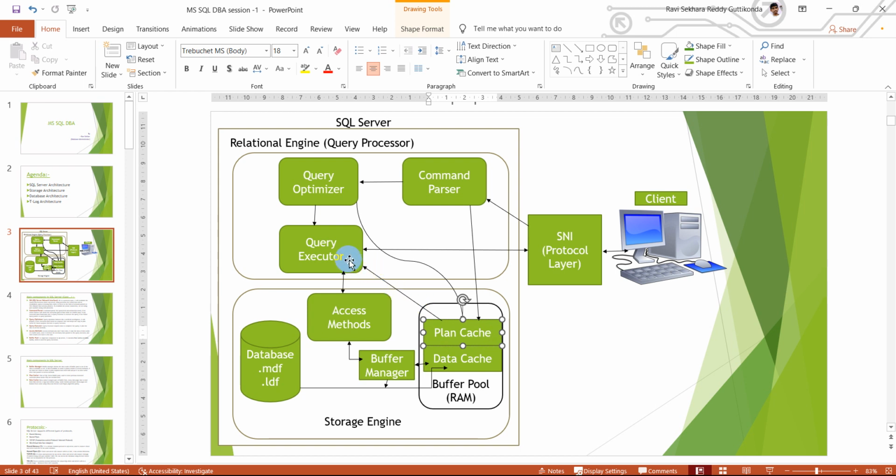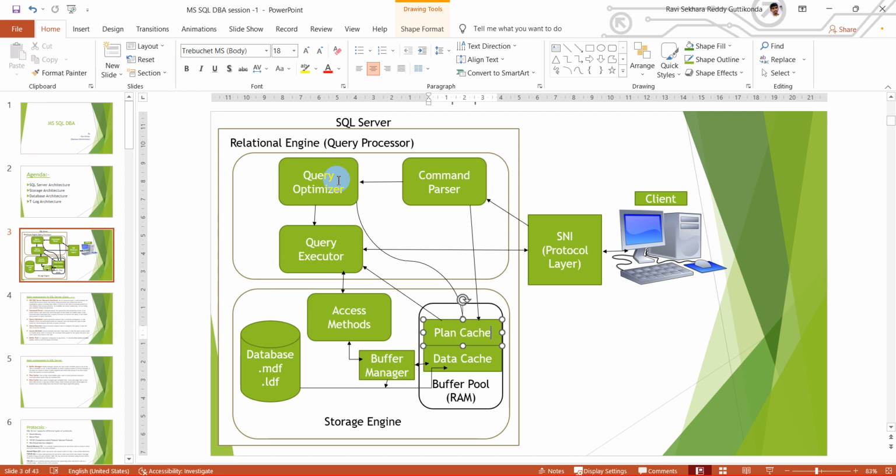If no execution plan is found in the plan cache, the query will be sent to the query optimizer. The query optimizer will prepare execution plans, and SQL Server will pick the best execution plan based on response time. For example, if we want to travel from Hyderabad to Delhi, there are multiple ways: by train, by flight, or by bus.